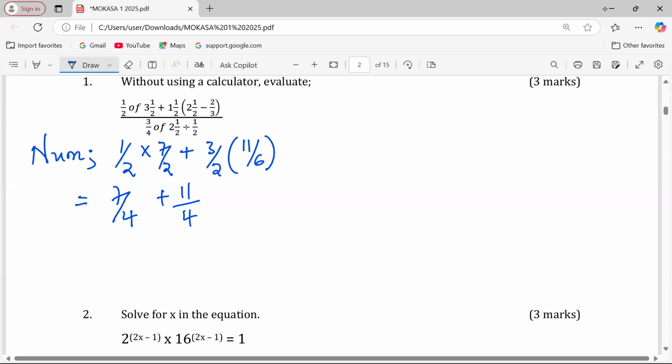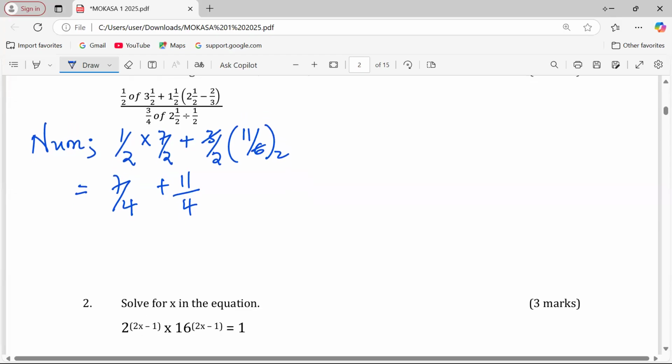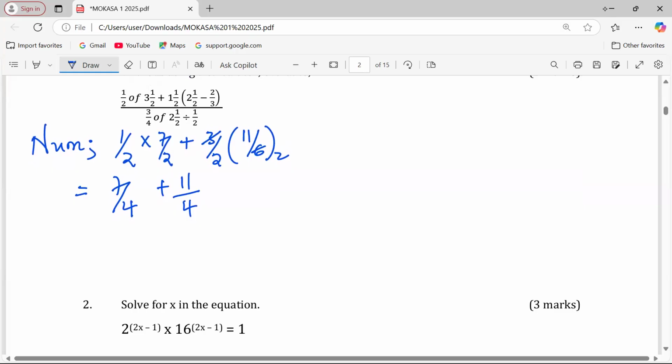You see 11/4 comes from this. Then after this, we can compute, whereby 7/4 plus 11/4 can now be brought together.